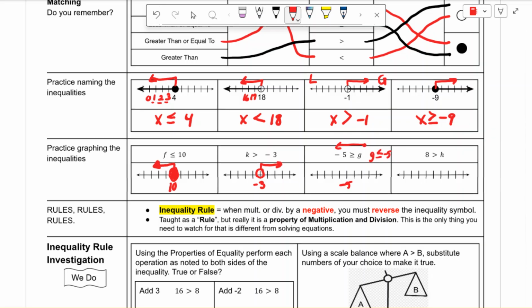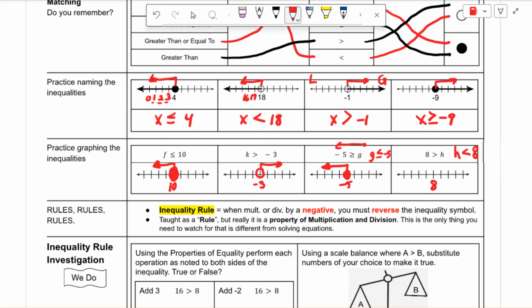So we'll pick a negative 5 spot here, and we will make it solid, a closed point, because it's or equal to, and it says that g is less than or equal to -5, so it's going to go to the left side. And finally, we have another backwards inequality, so we need to read it backwards, starting with h. h is less than 8.